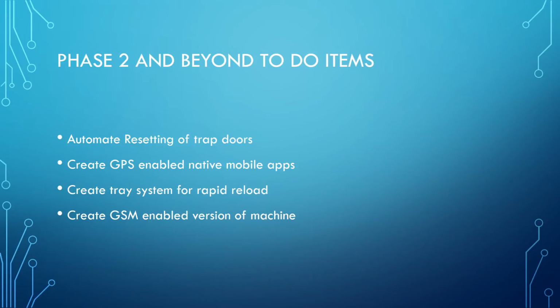And then beyond that, look into things like automating the reset of the trap doors, native apps that could be GPS enabled, possibly a tray system where you would pre-fill trays in a warehouse, possibly even have them coded according to contents for rapid refill, and then also a GSM based controller so that you would not need to use Wi-Fi and have a little more flexibility in your placement.